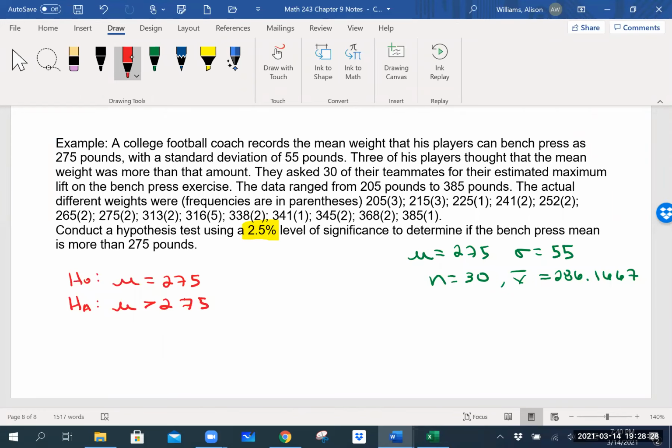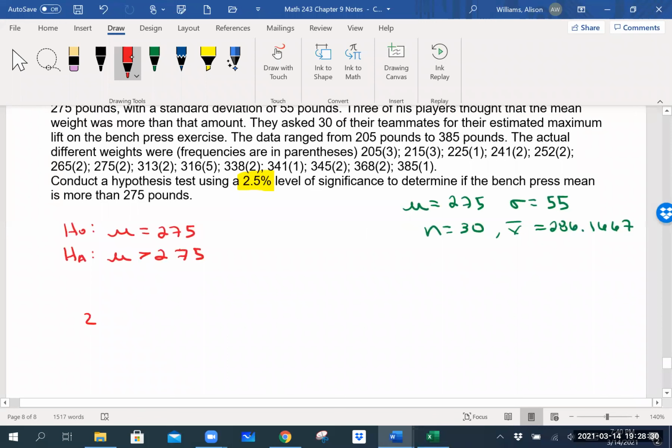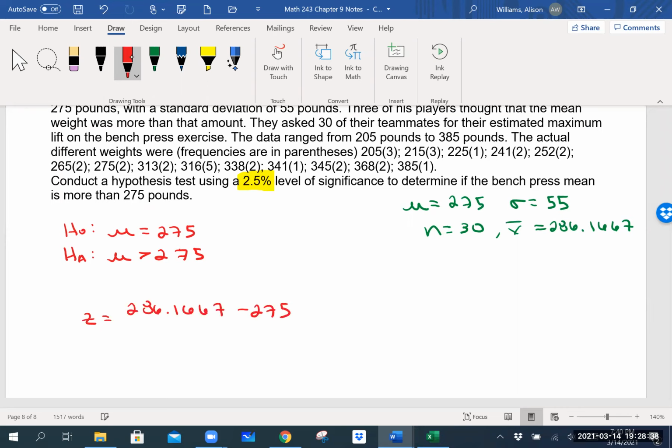Okay, so let's find our z-score then. So we're going to do 286.1667 minus 275 over 55 over the square root of 30. And by the way, because our sample size is 30, it's normally distributed by the central limit theorem. Okay, so I'm going to enter this in.